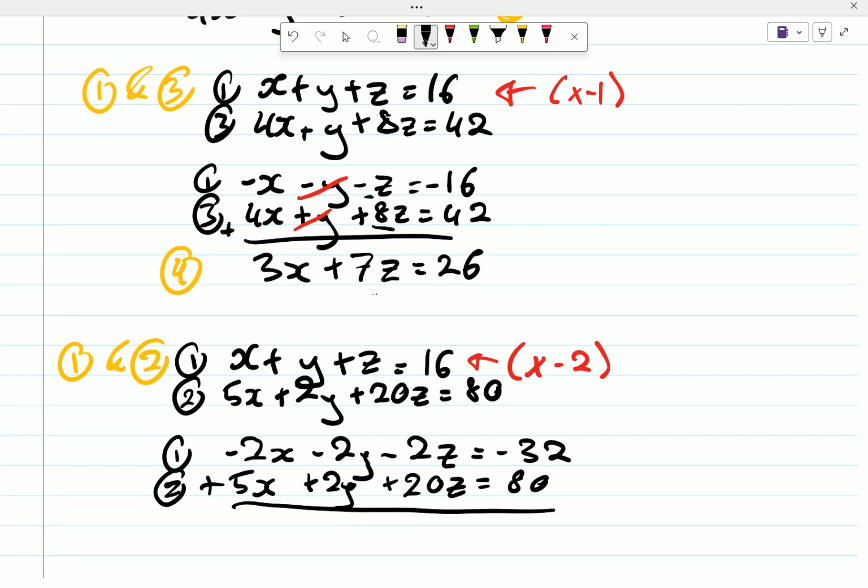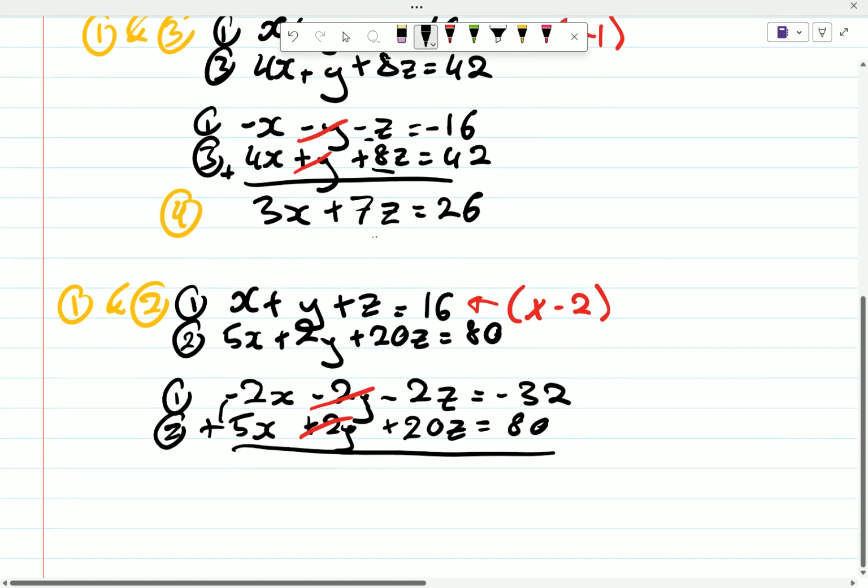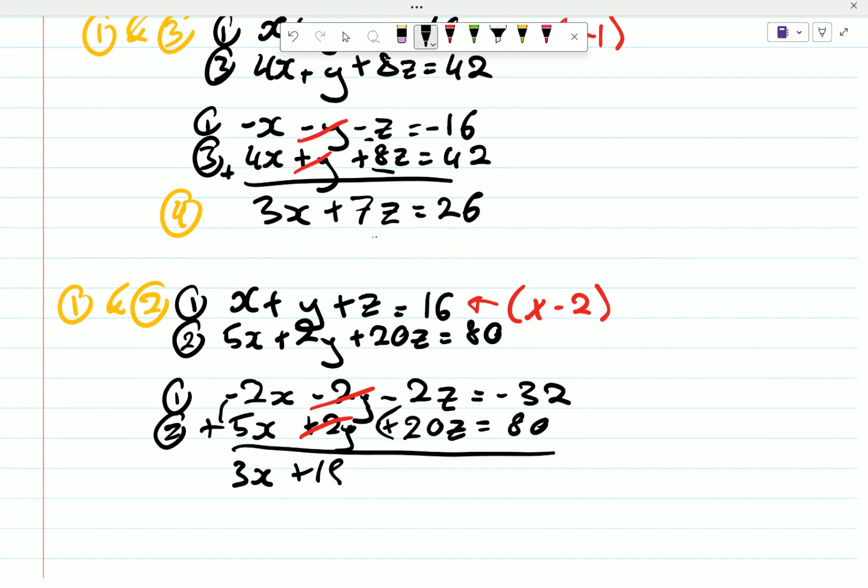Again, we're adding these together just so the y's cancel. So 2y minus 2y ends up at 0, and 5x minus 2x is 3x. And 20z minus 2z is 18z. And 80 minus 32 is 48.